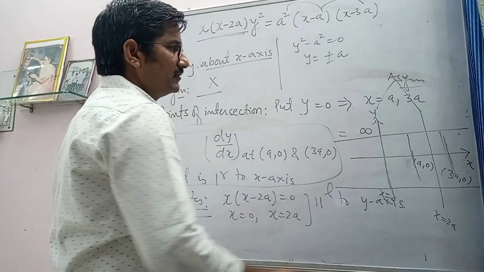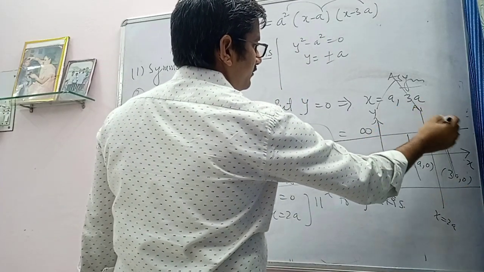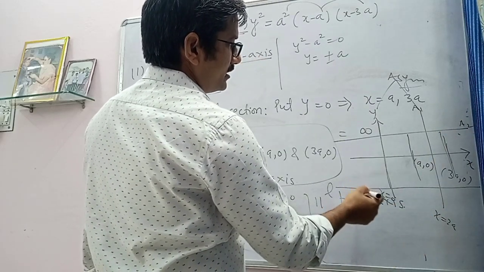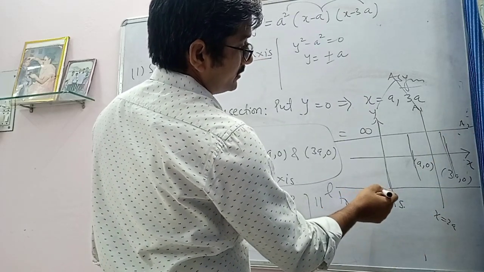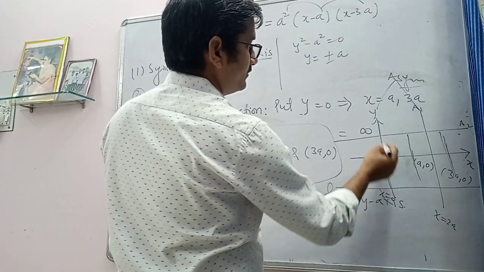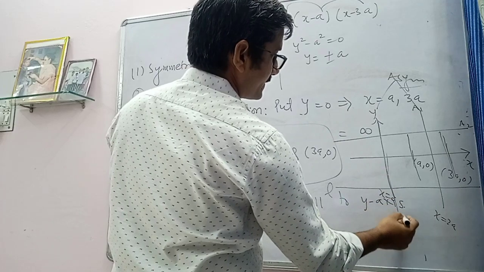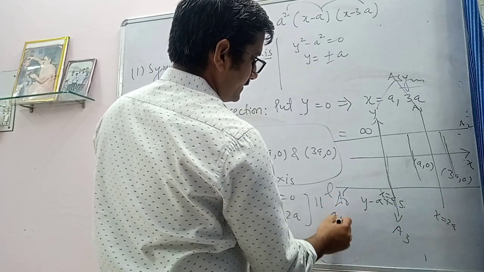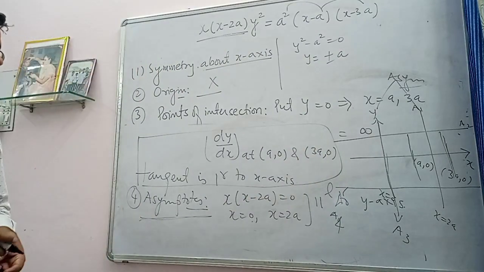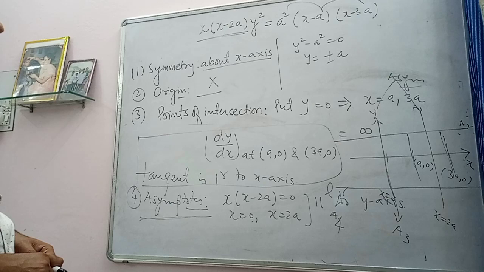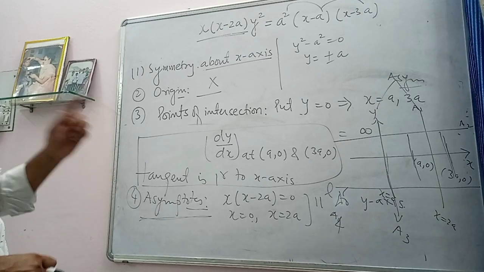So we have the 4 asymptotes, say a1, a2, this line is also an asymptote, say a3, and this is a4. Combining all these facts, we can draw this curve.